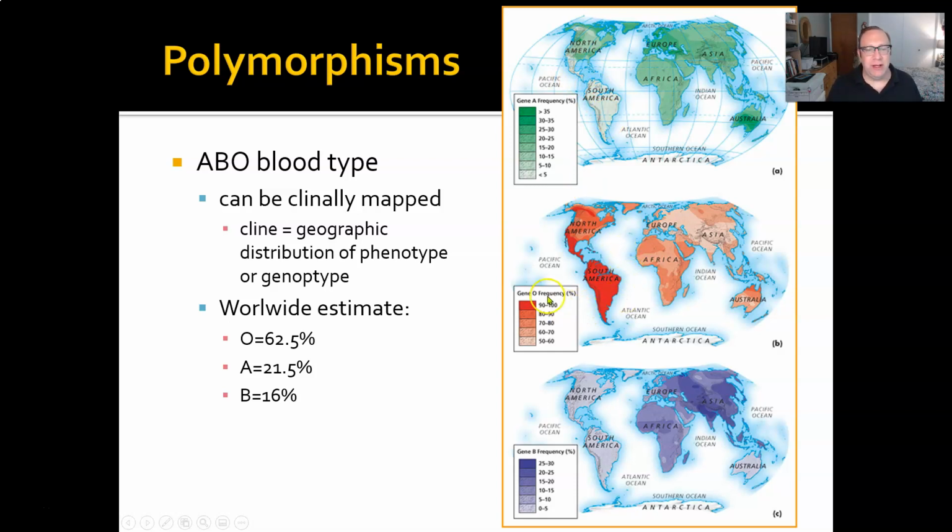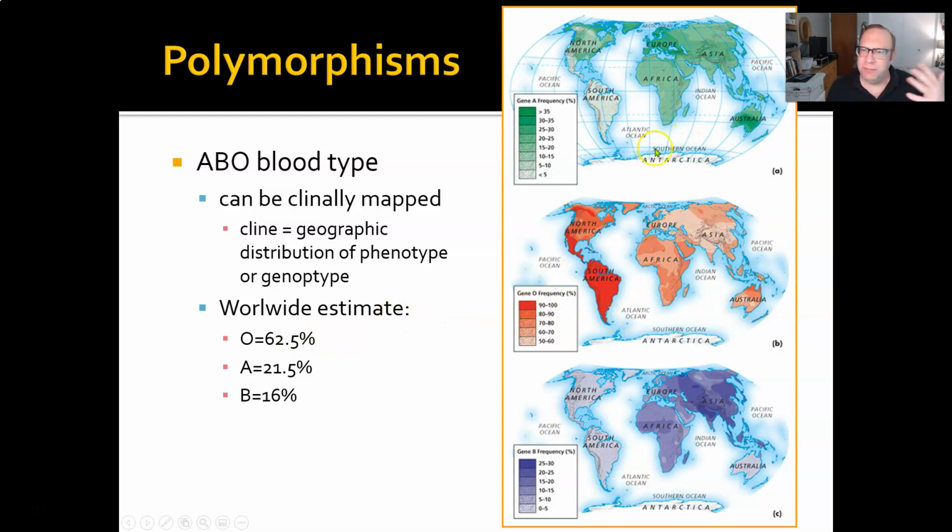If you look at the type O variant, you see that it is mostly prevalent in North and South America. And for the type B, it's mostly prevalent in Asia and parts of Africa, creeping into Europe, but mostly those areas. So, O is by far the most common worldwide.